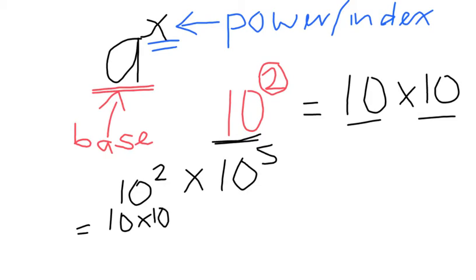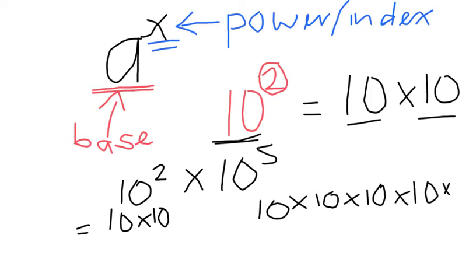So what will 10 to the power of 5 equal? Well, we know that the base is being multiplied by itself 5 times, so we write out our base 5 times. It does not mean 5 times 10. That's not right. It means that the base is being multiplied by itself 5 times. Okay?